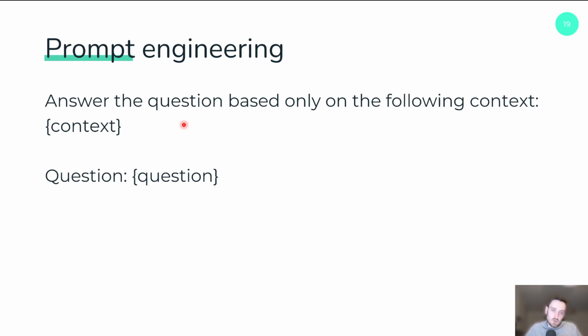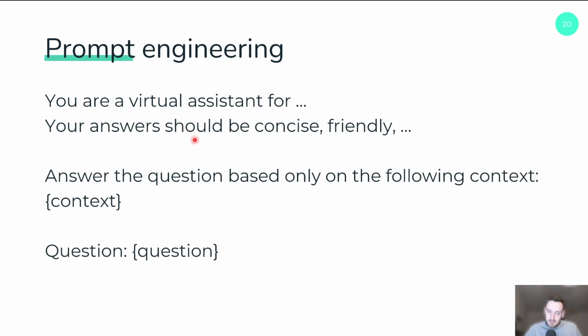And here again, we have full access to how this prompt looks. So you could say, I want some flavor or some more customization to my prompt. Well, no problem. You can just say, for example, you are a virtual assistant, or your answers should be concise, friendly, or they need to be formatted in such a way, or right here you can say everything that you want on how your chatbot or GPT solution in general should behave.